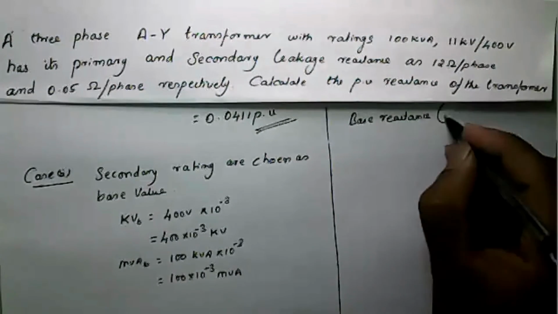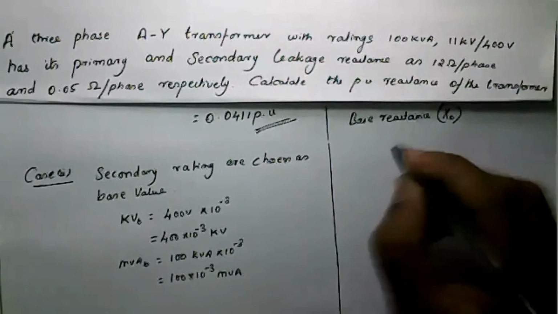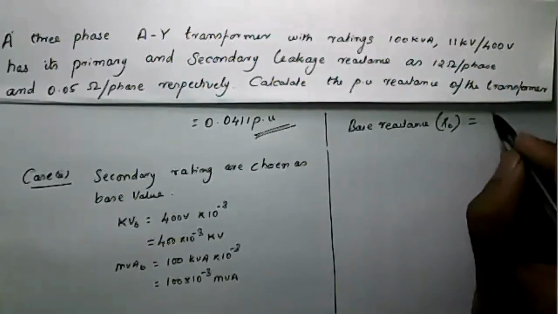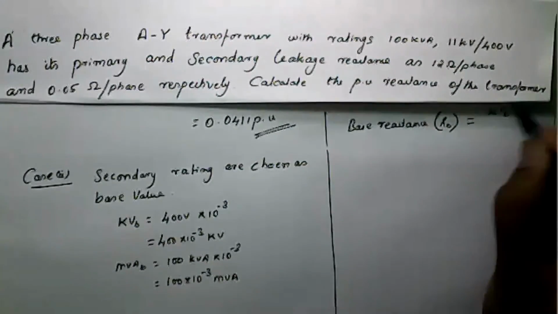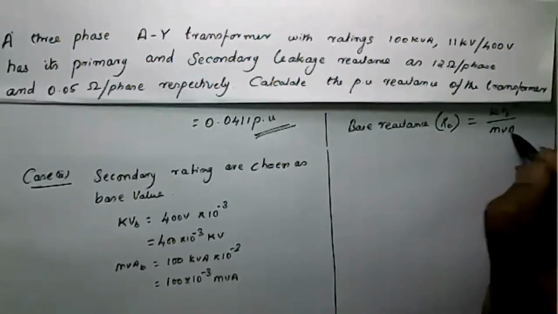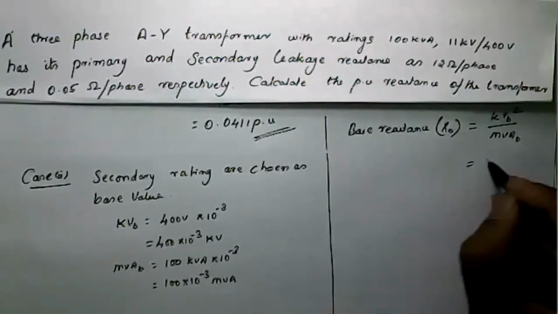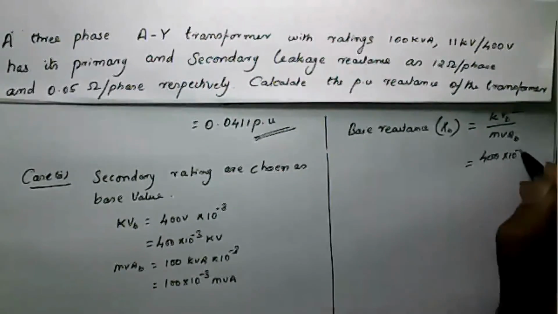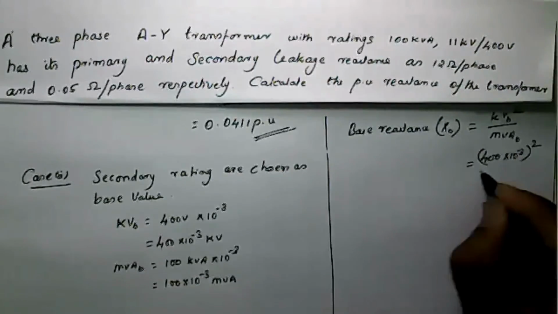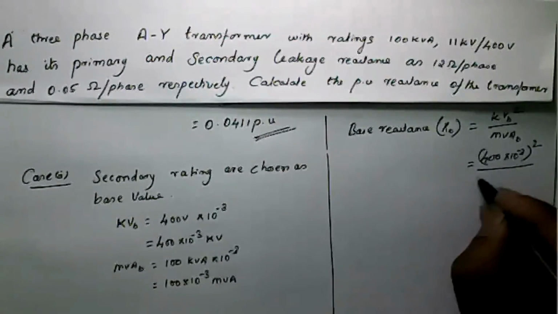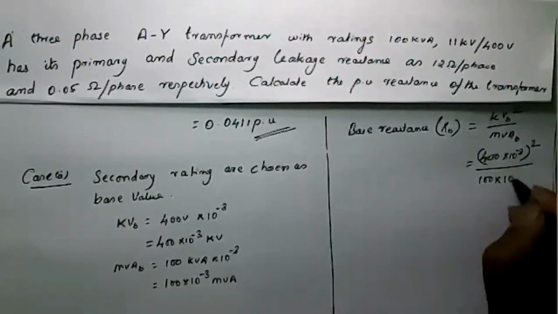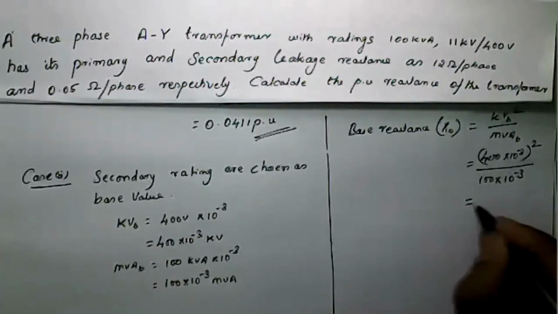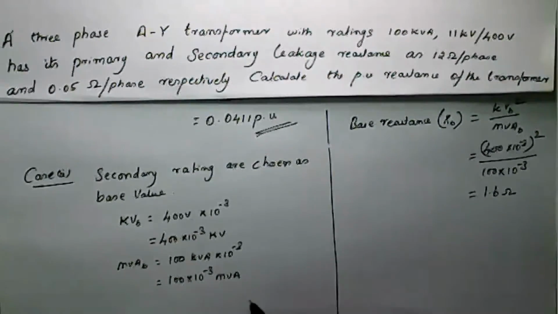Base reactance XB: the formula is KVB square divided by MVAB. Here, KVB is 400 into 10 power minus 3, the whole square, divided by 100 into 10 power minus 3. That value is equal to 1.6 ohm.